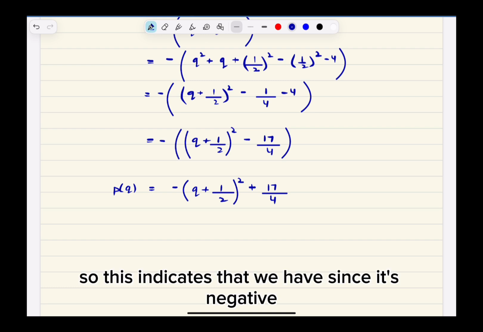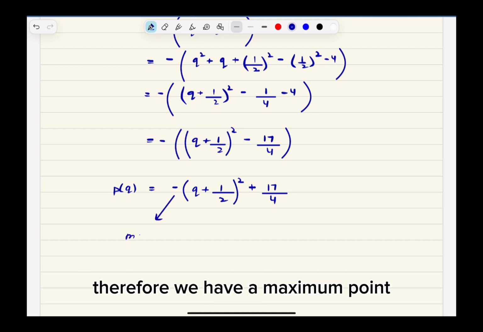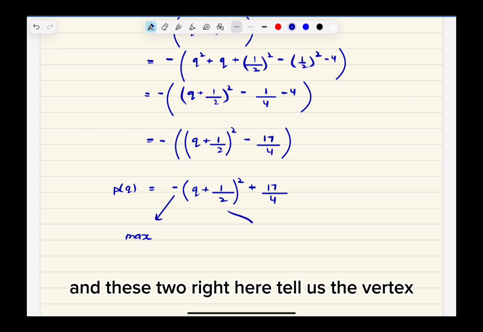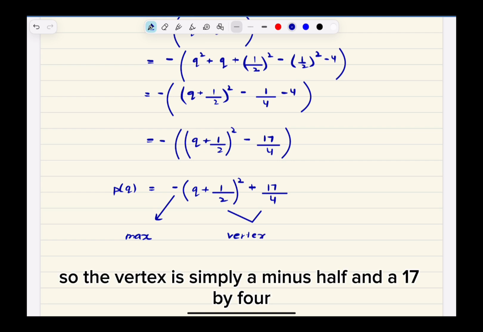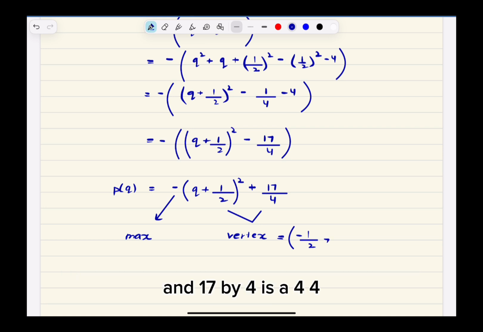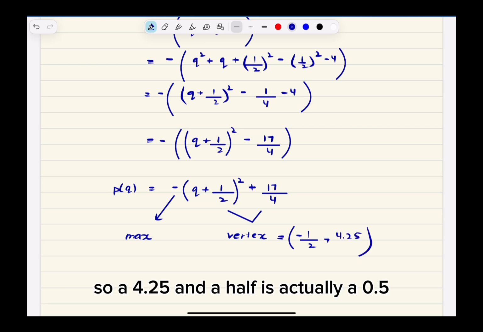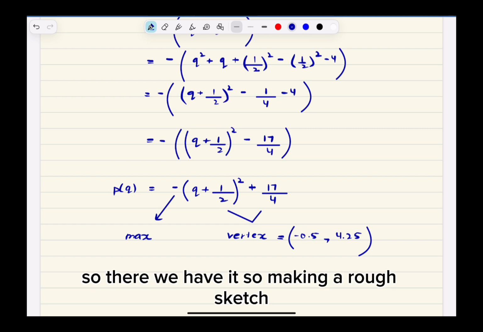Okay, so this indicates that since it's negative, we have a maximum point, and these two right here tell us the vertex. So the vertex is simply minus 1/2 and 17/4, and 17/4 is 4 fours, so 4 and 1/4, so 4.25, and a half is 0.5. So there we have it.